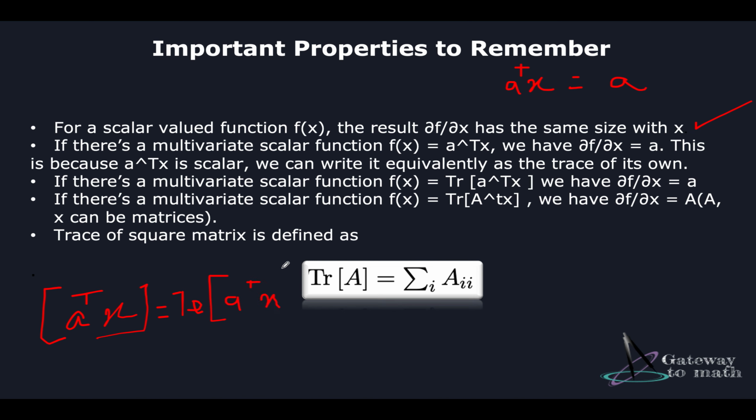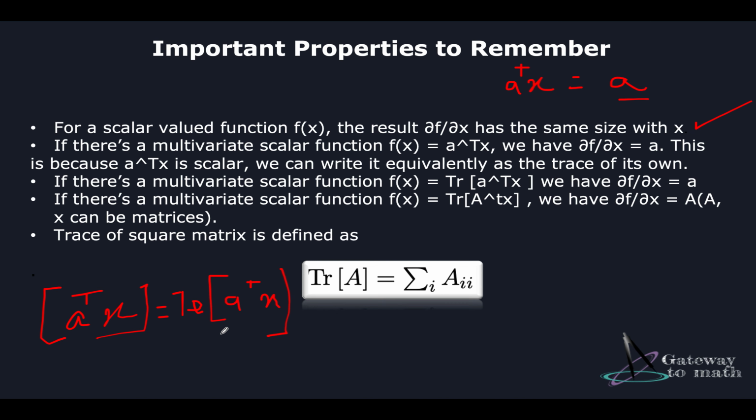This is because we've already seen that transpose of a times x gives us a scalar value, and that is why trace of transpose of a times x also equals this entry. Okay, so you have to keep in mind that transpose of a times x equals trace of transpose of a times x, and since both of them are equal, we've already seen that when we find the partial derivative of this expression with respect to x, we actually get an a.